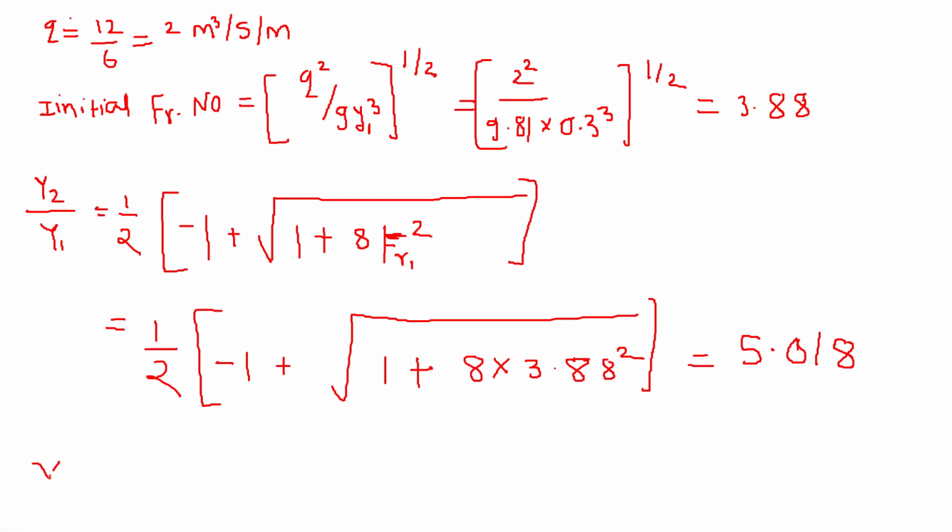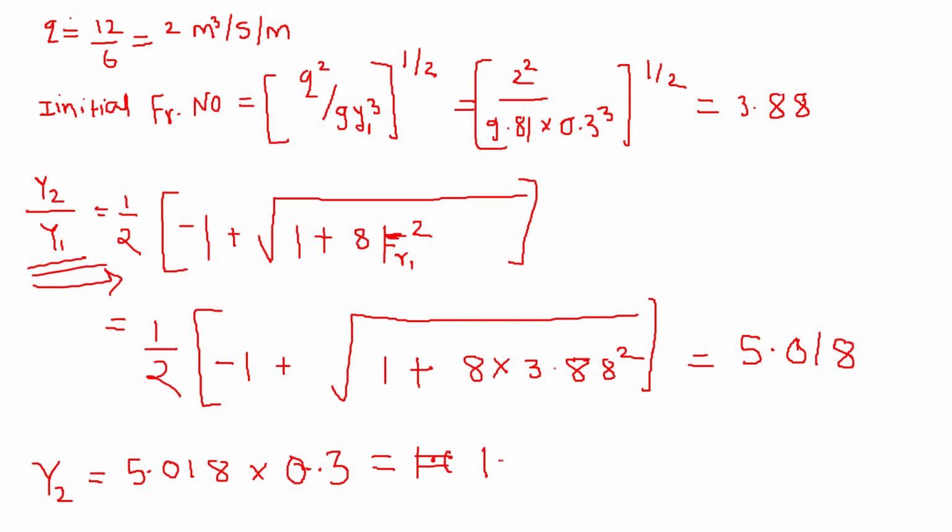So y2 will be 5.018 into this y1, right? This y1 will come to this side. So y1 is nothing but 0.3. So our y2 will come out to be 1.505 meters, right?